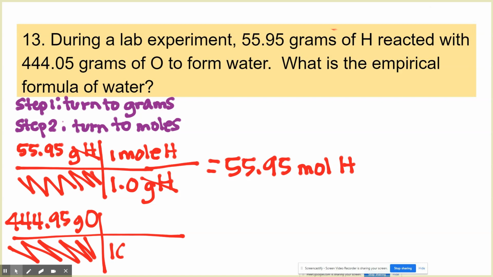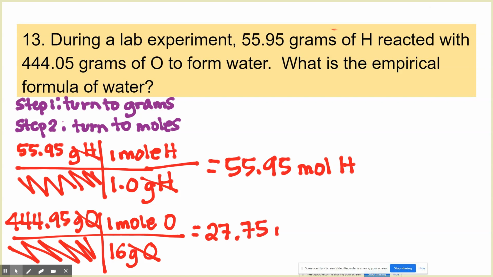So 16 grams is the molar mass, 16 grams of O for every 1 mole. The grams O cancel out. 444.95 times 1 divided by 16 is 27.75 moles of O.